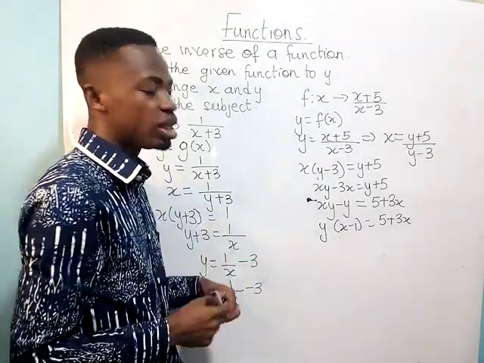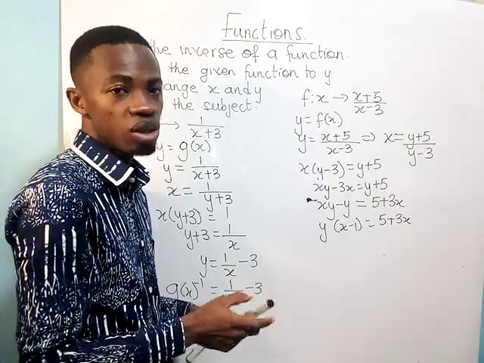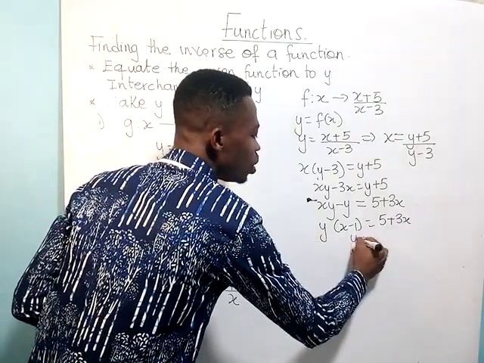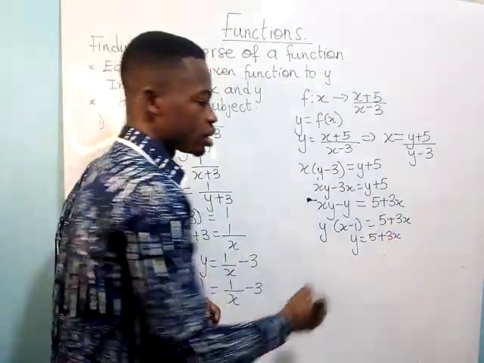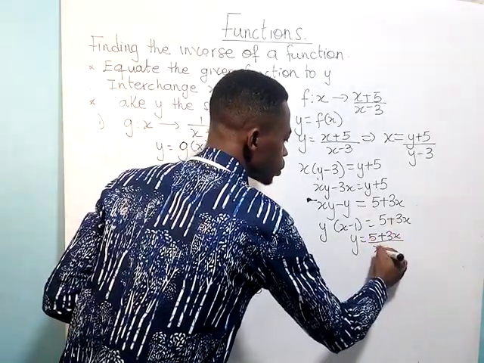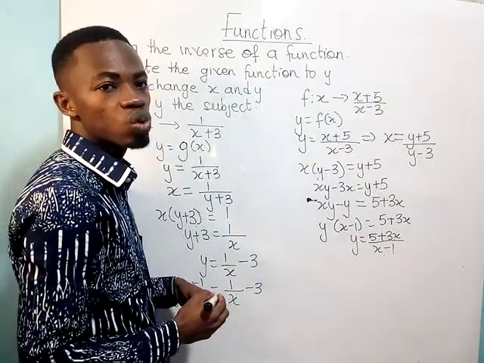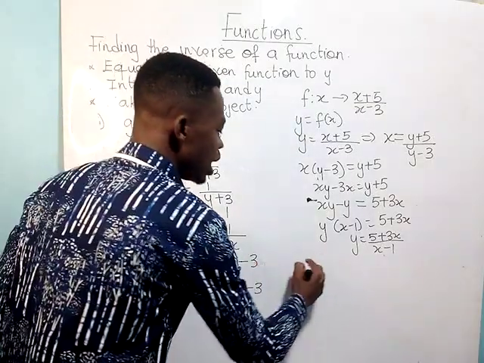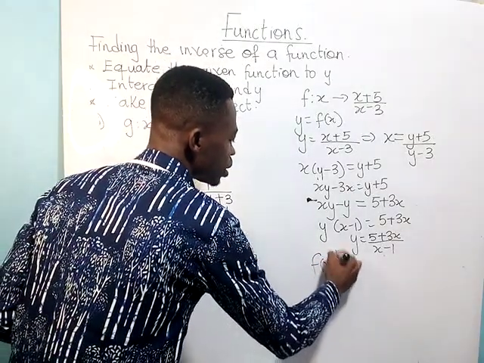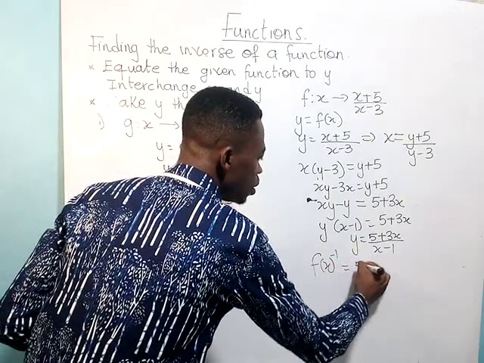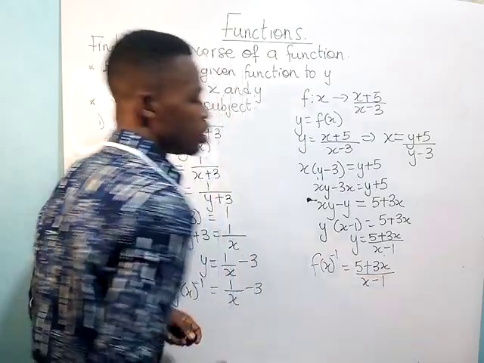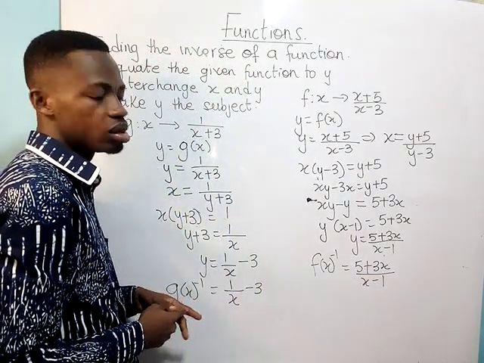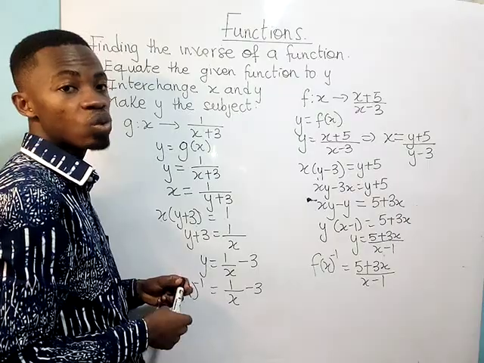So therefore, the term here is going to divide. So our y is equal to 5 plus 3x on x minus 1. So the inverse of f of x is 5 plus 3x over x minus 1.